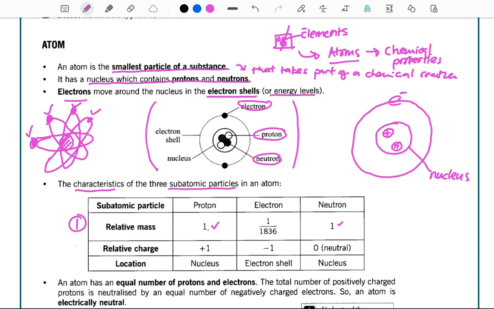And then we look at the second characteristic, which is the relative charge. For the relative charge, we have protons having a relative charge of plus 1, electrons having minus 1, and neutrons basically having 0, because 0 is neutral.